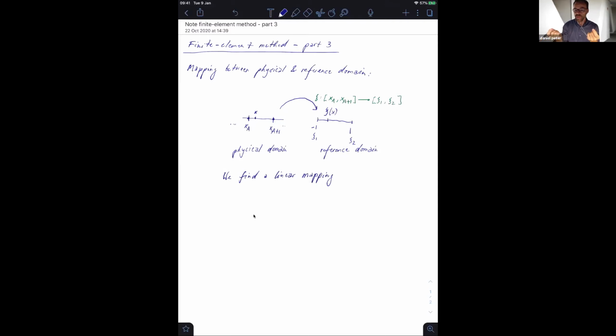They have 2 endpoints. And on both nodes, we have a degree of freedom. So that will make 2 degrees of freedom basically for one element. Now we take away 1 degree of freedom because we fix that solution with the Dirichlet boundary.